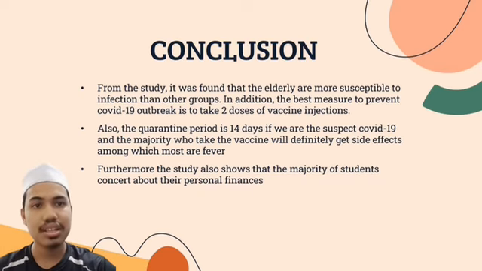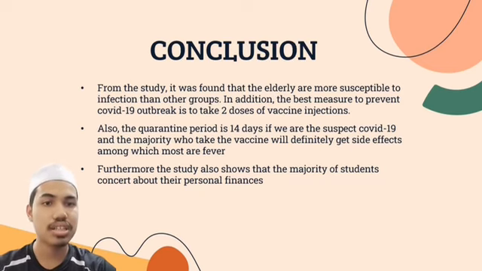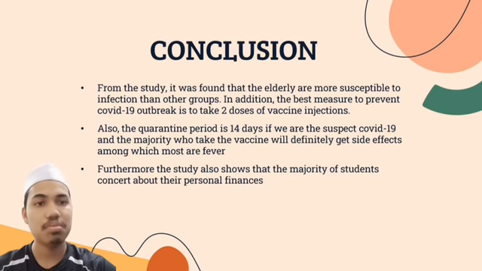Also, the quarantine period is 14 days if we are a COVID-19 suspect, and the majority who take the vaccine will definitely get side effects, among which most are fever. Furthermore, the study also shows that the majority of students are concerned about their personal finances.